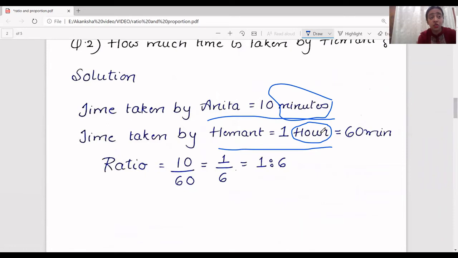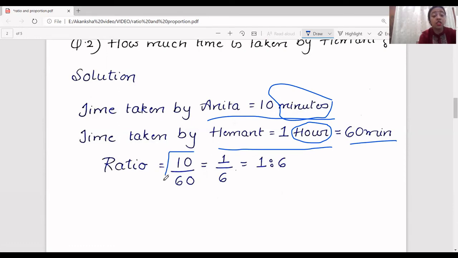This is something that you have to pay attention to, that you have to focus on changing the units to be the same. Minute is a smaller unit, so we'll be converting hour into minute. 1 hour has 60 minutes. So Hemant takes 60 minutes to reach the school.